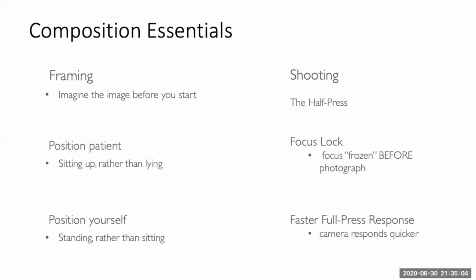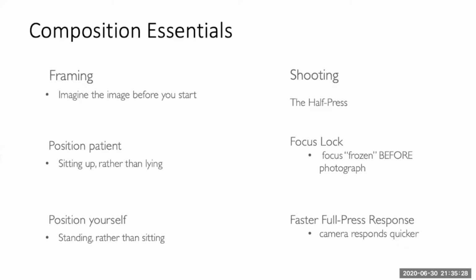And it's easier for them to move and for you to stand, because that next bit, positioning yourself, is really important. Being able to stand in a way that you can be balanced taking the photograph, you'll get a much better photograph. Shooting using the half press, as I said, getting it to focus and locking the focus so that the image is frozen.